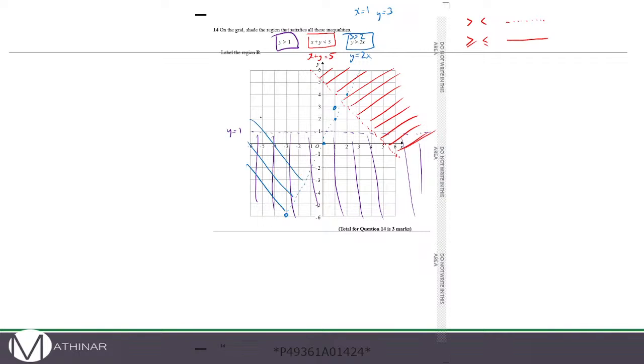So I'm not sure if the formatting of the question has made this question wrong, but this is the bit that we need. So we've got this little triangle in the middle, and that's the region R. So if it was y is less, I feel that should be part of the question there. So sorry about that, I'm not sure why it's like that.